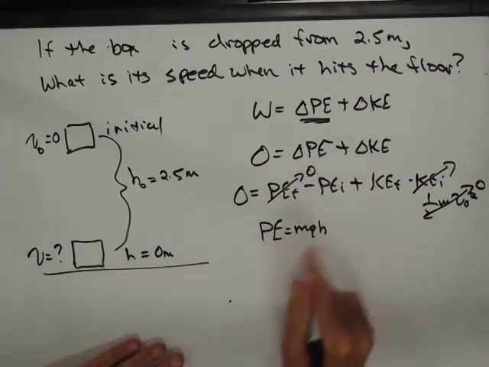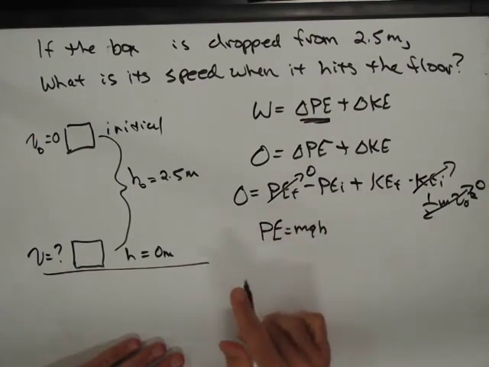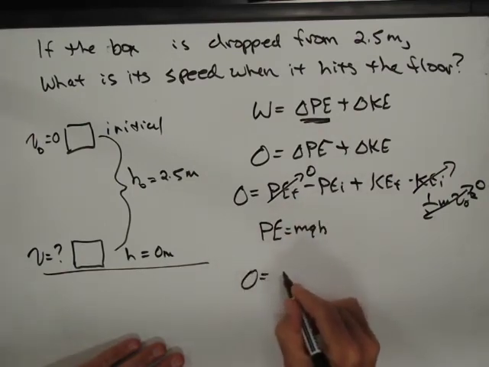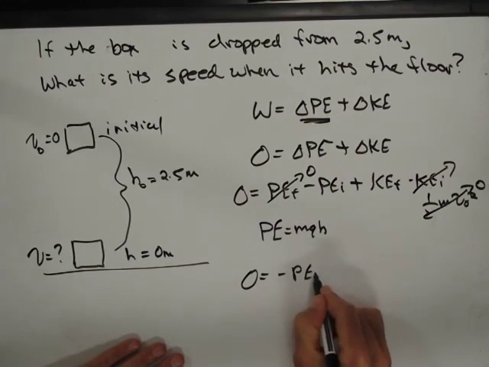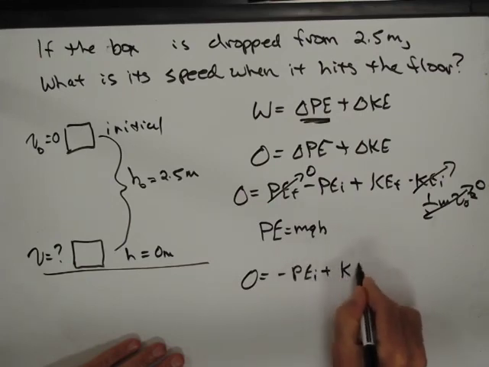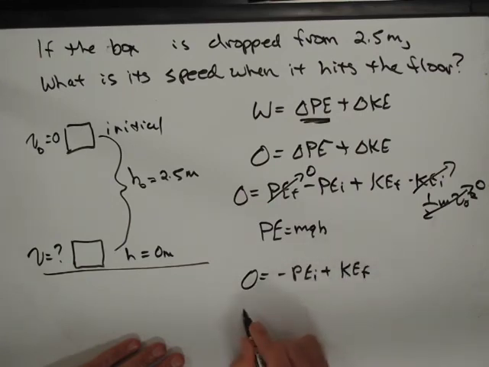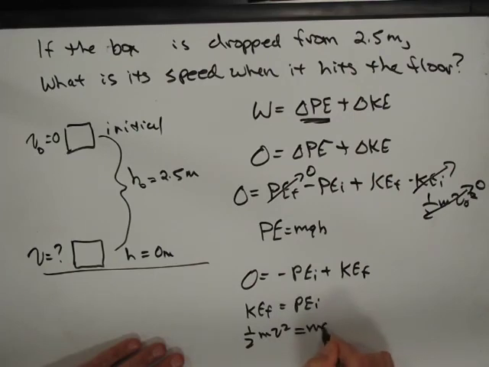And so what I'm left with is 0 is equal to minus PE initial plus KE final, or KE final equals PE initial. But this just says that 1/2 m V squared is equal to mg h naught. Right?